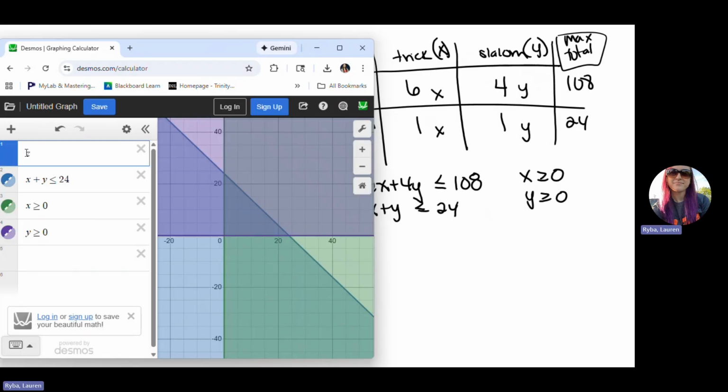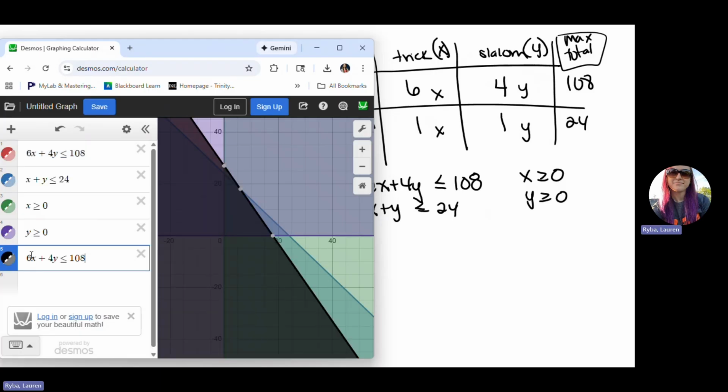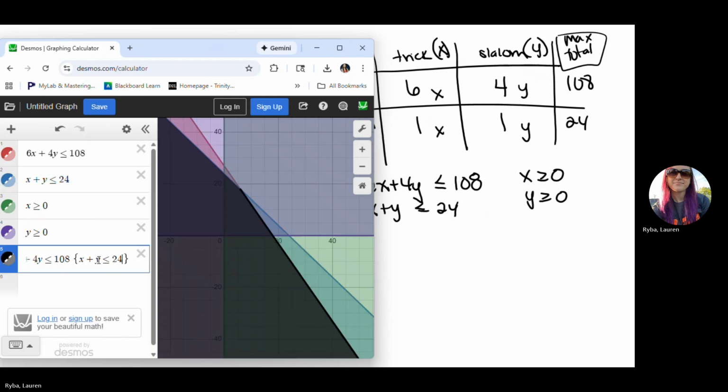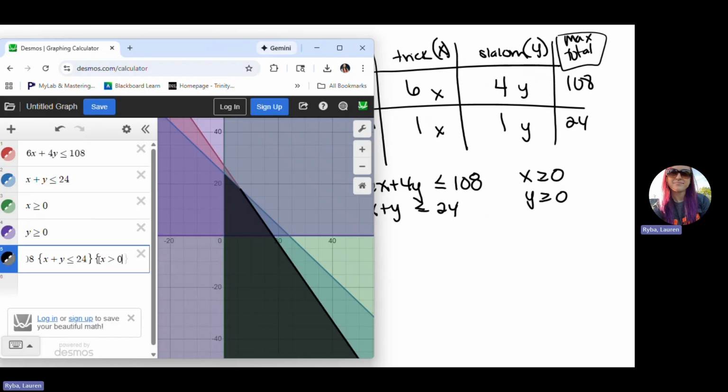Copy this one. We'll see. Okay, copy it. And your curly brackets. Copy this one. And then these ones are a little easier to type.